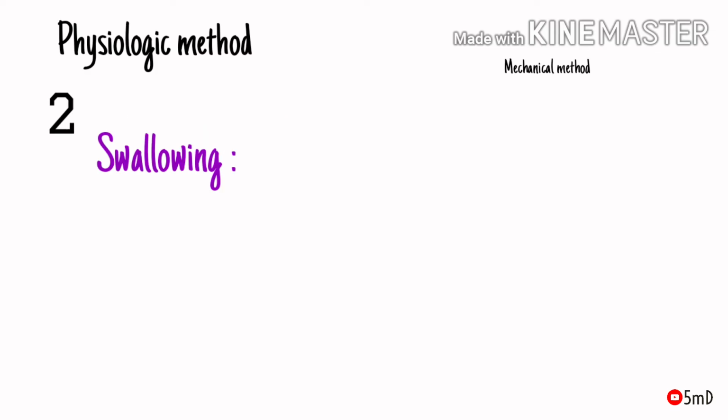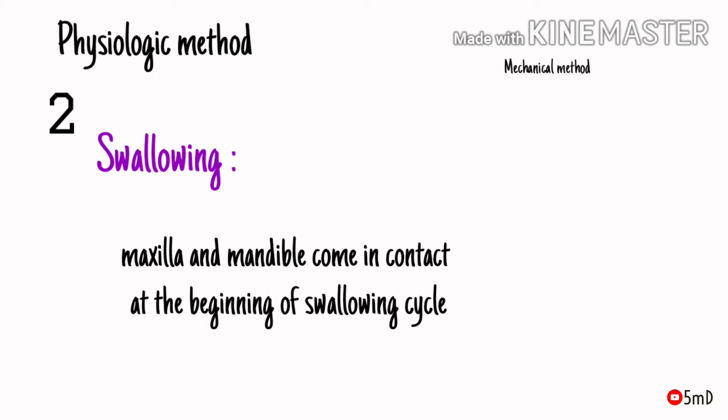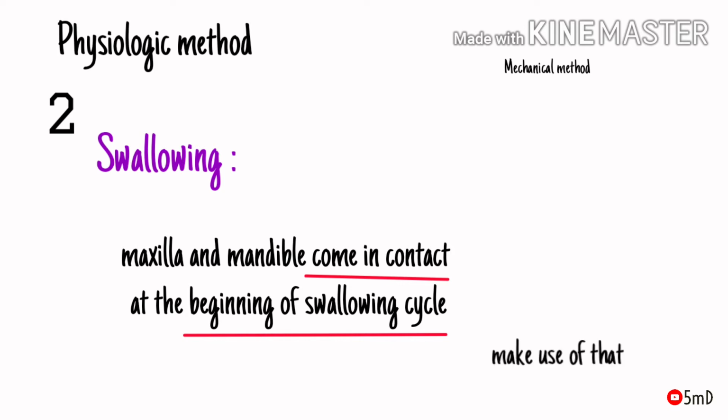This method is not proved to be consistent, therefore let us see the concept alone. This is based on the concept that at the beginning of a swallowing cycle, the maxillary and the mandibular teeth come in contact. Therefore, we should record the dimension when the swallowing cycle starts.